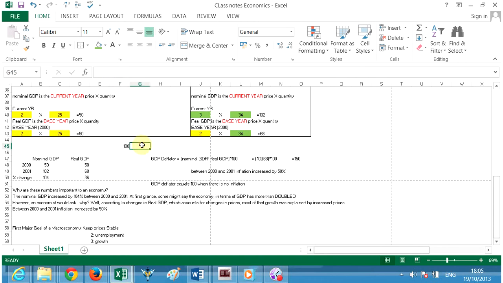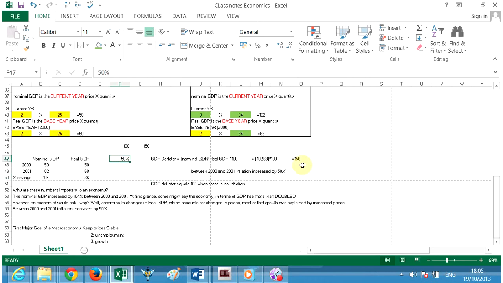There was no inflation. Okay. Now we compare that with our current GDP deflator, 150, and we take the difference, and we find the difference to be 50%. Okay.